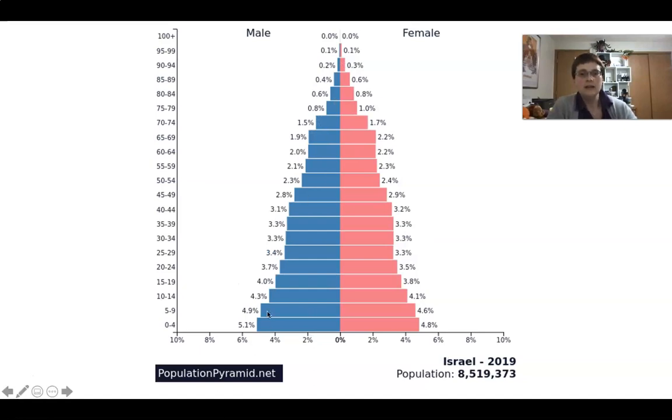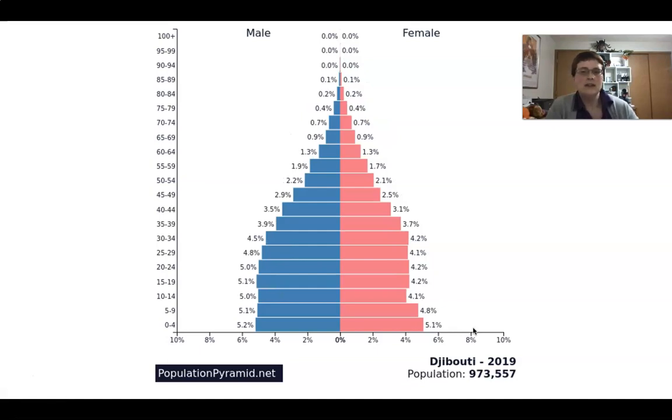Israel still has a little bit of a pyramid to it, but it's starting to get some of those upright sides. So this is pretty close to a 3. But if you said a 2 and explained that it's got that wider base, then, you know, I would say, okay.